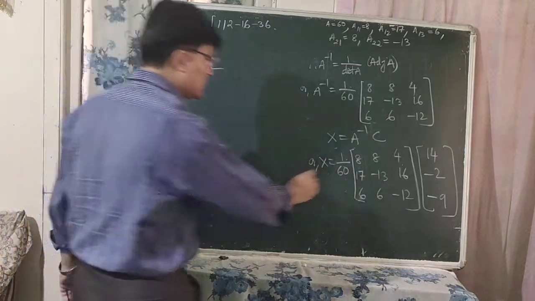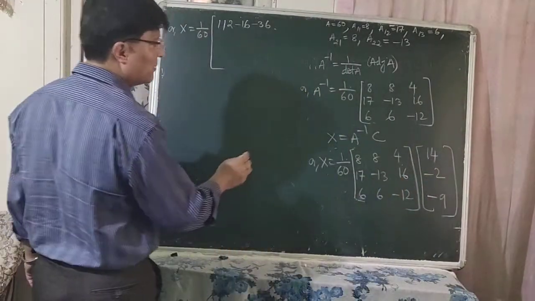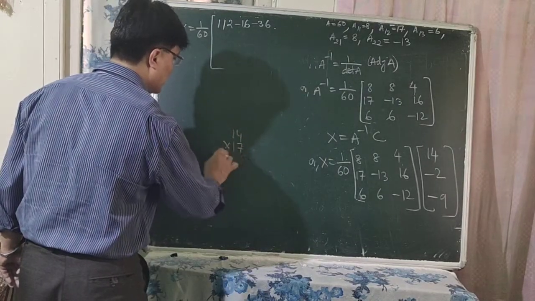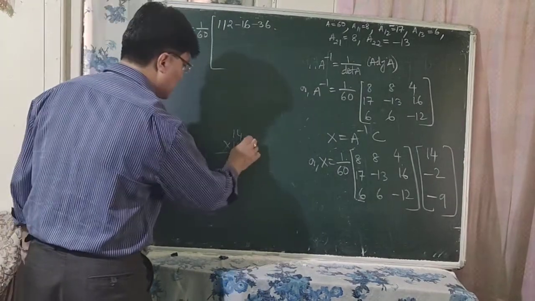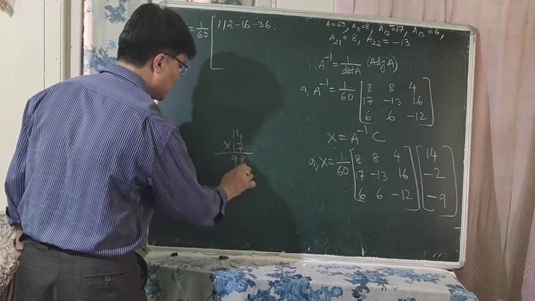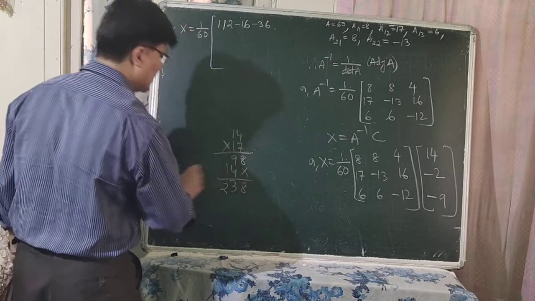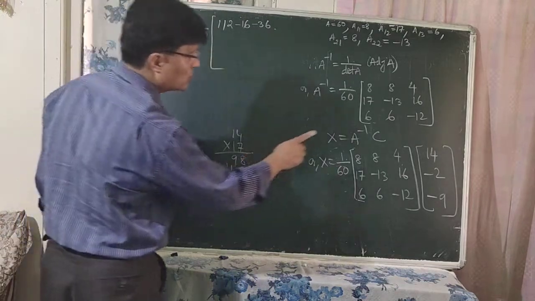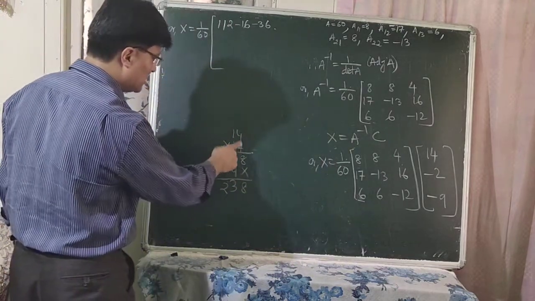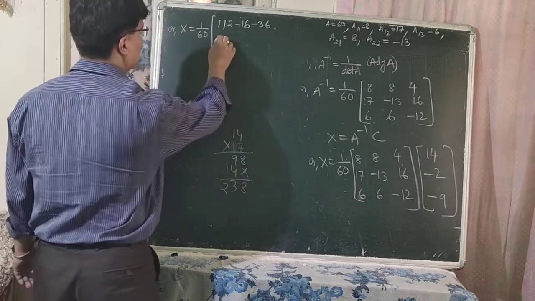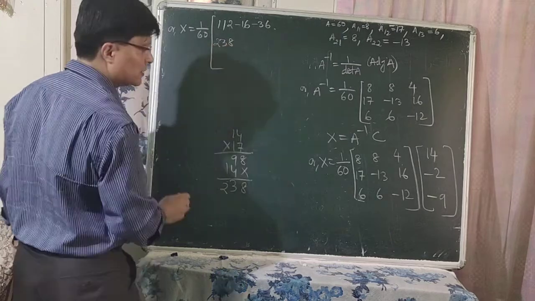Okay. Next, second row by first column. 17 into 14. You can multiply them. 7 fours are 28, 2 carry 2, 7 ones are 7 plus 2 is 9, plus 1 is 10 hmm, so 238. So this is your 238.